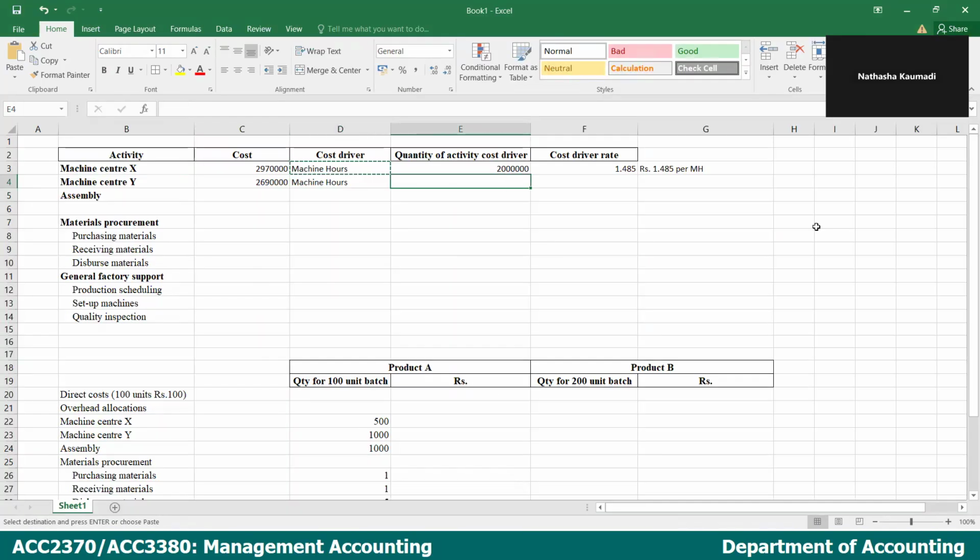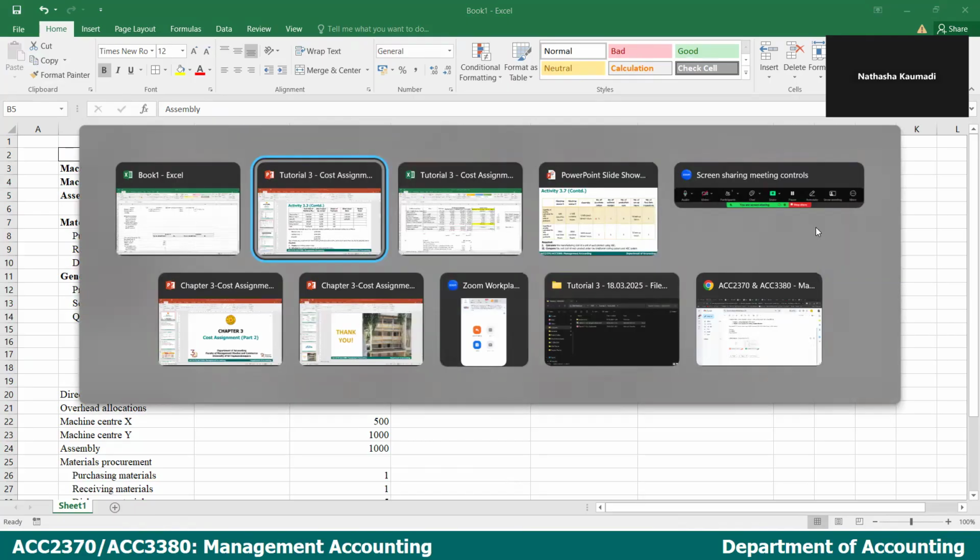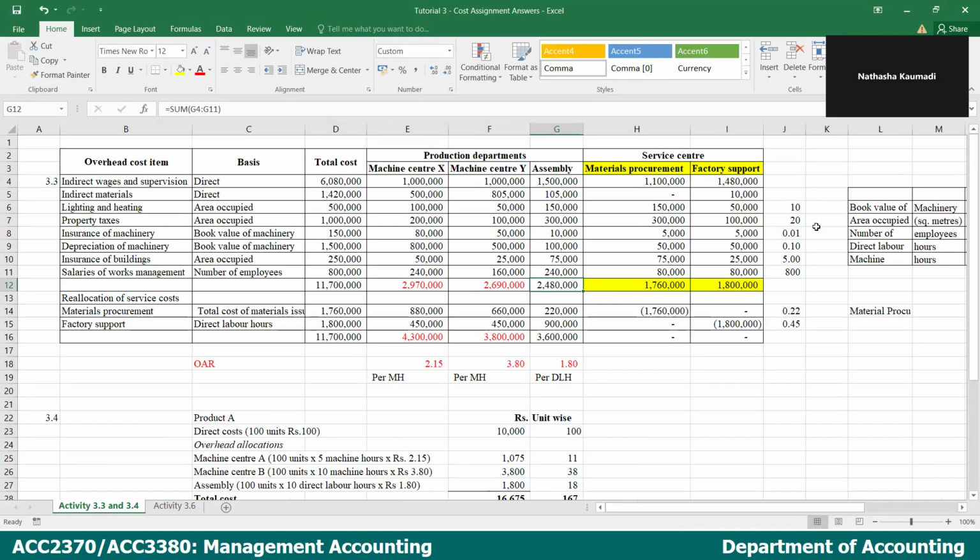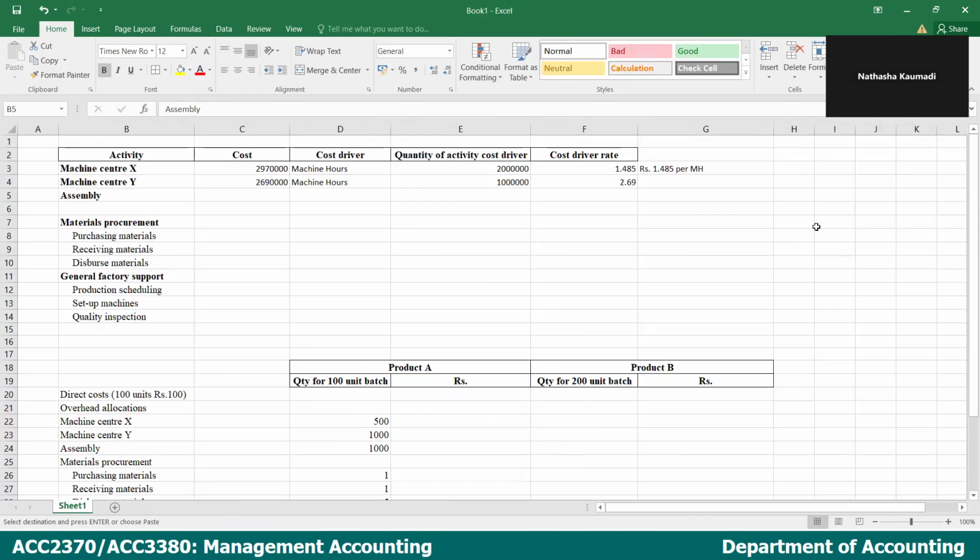See, 1 million. So I'm writing 1 million and then I'm calculating the rate like this. I'm not writing again. You know how to write it. And then we have the assembly, right? Assembly, what is the cost? Are you taking 2.48 million or 3.6 million? Exactly, it should be without the service cost. That means 2.48 million.